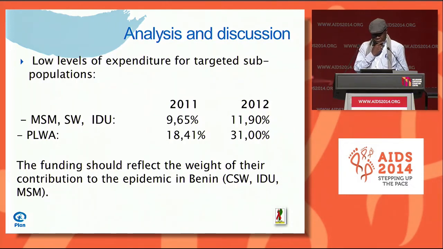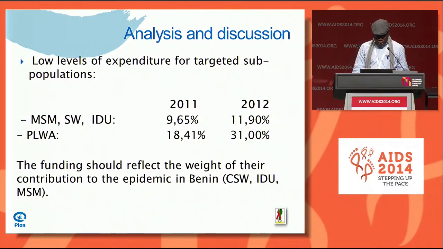Analyzing these results, we can see that between 2011 and 2012, targeted populations such as men who have sex with men, commercial sex workers, and injection drug users receive less money, but there is an increase between 2011 and 2012.